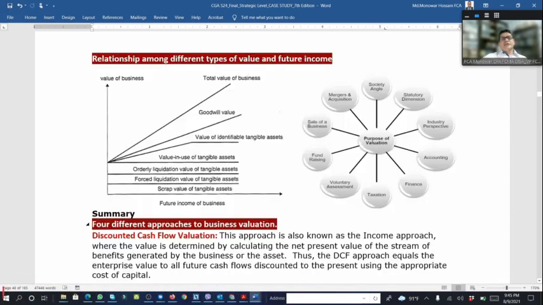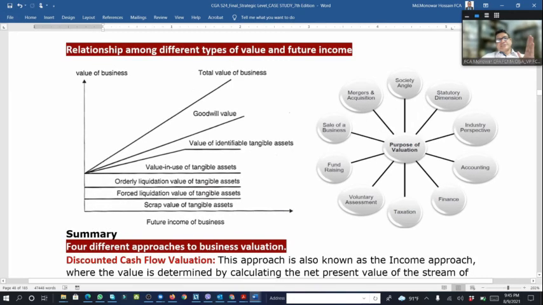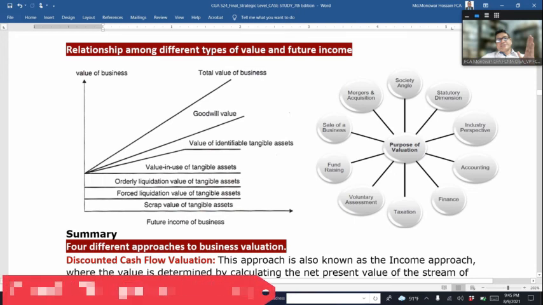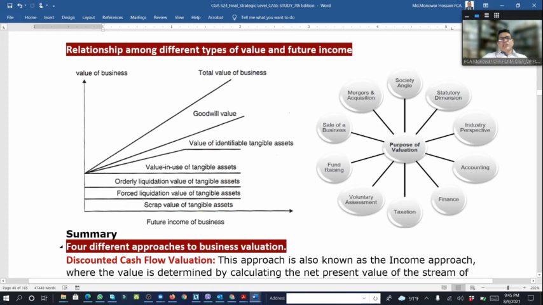Here is the relationship between the amount and the value of future income, and the value of the business. It depends on the scrap value of tangible assets, forced liquidation value of tangible assets, orderly liquidation value of tangible assets, value in use of tangible assets, value of identifiable intangible assets, and goodwill value.